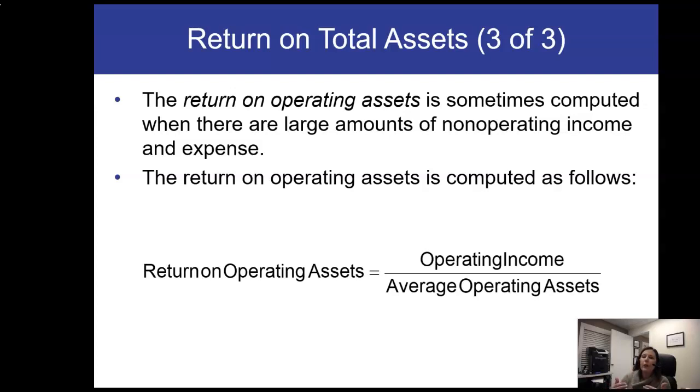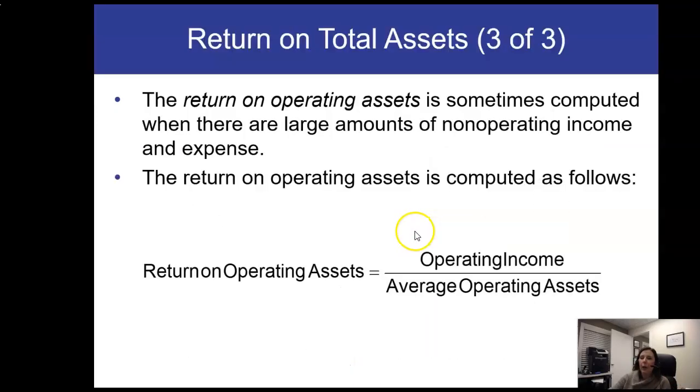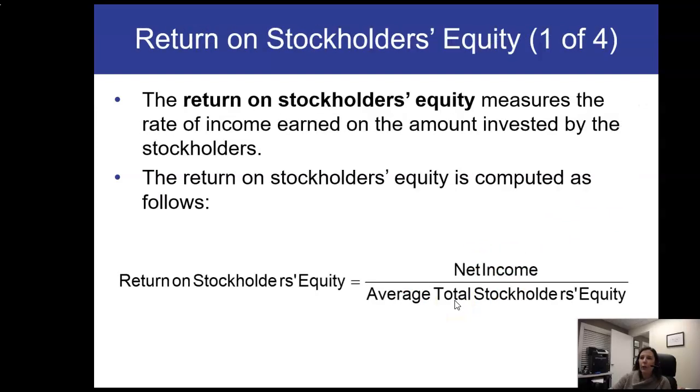So we don't necessarily want to look at that as we did in the prior ratio, which looked at our total net income. In this case, we want to just look at how well we're doing in terms of getting a return on our assets related to just our operating income, not our total income.